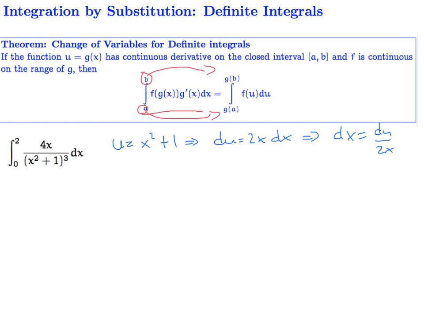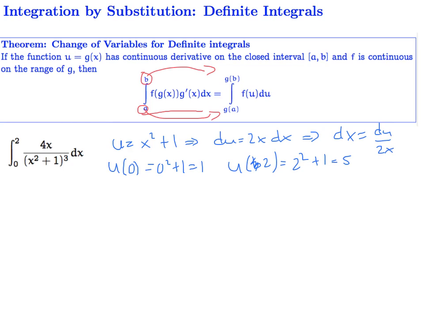So far nothing really different. The changes are that now I'm also going to compute u of 0, my lower bound, which is equal to 0 squared plus 1, so 1, and u of my upper bound, which is 2 in this case, is going to be 2 squared plus 1, so 5.